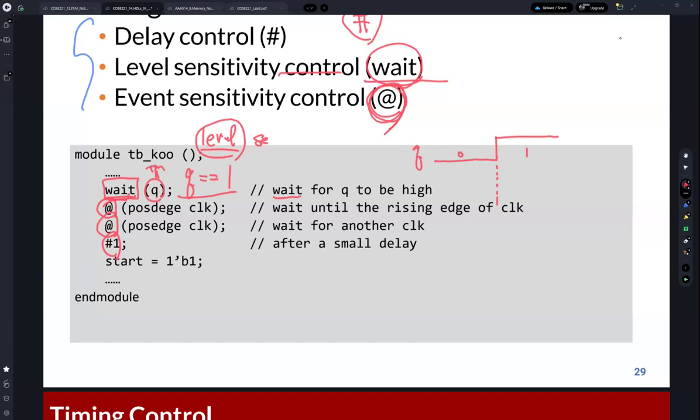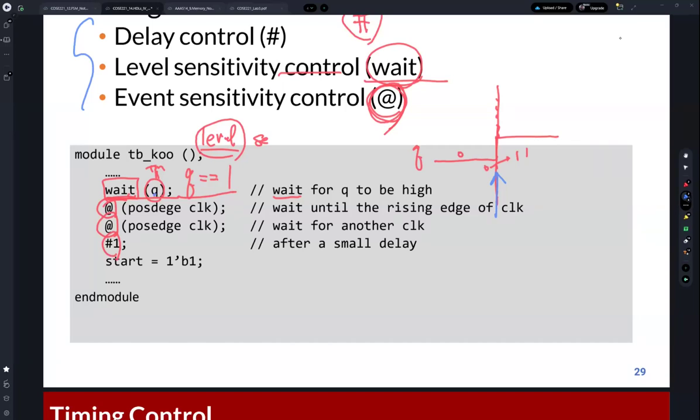This is the time when Q changes from 0 to 1. So wait means the SystemVerilog flow waits until this condition.